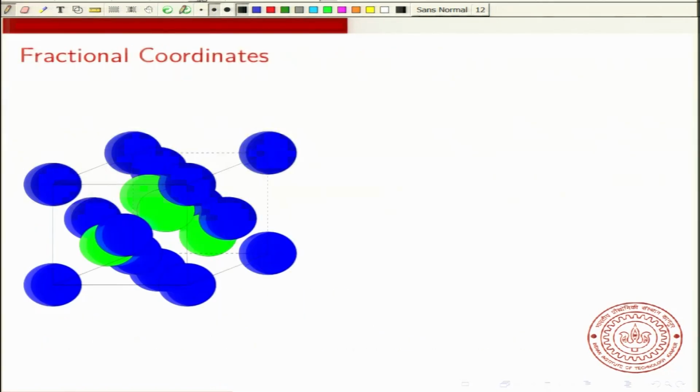Okay. So now let us look at the fractional coordinates. Now I have shown these two atoms in different colors, the blue and the green. That is only for ease of visualization. In a diamond lattice, these two are the same atom. So how does this look?